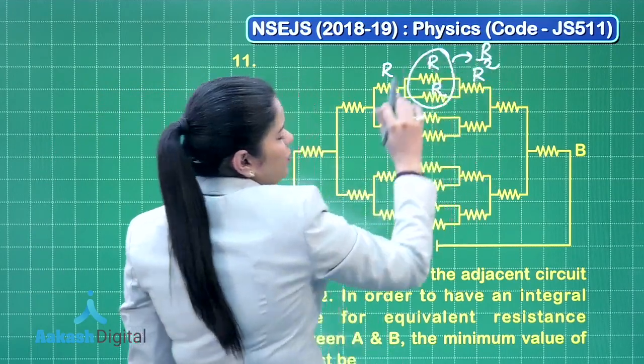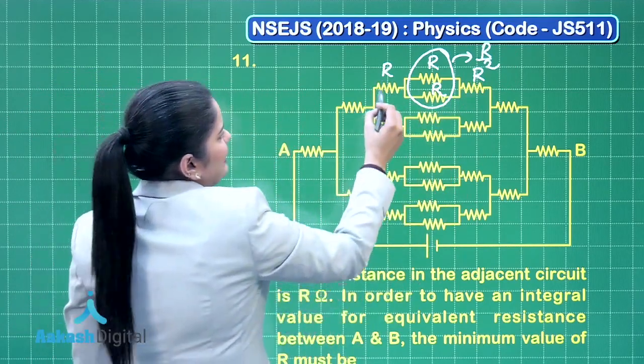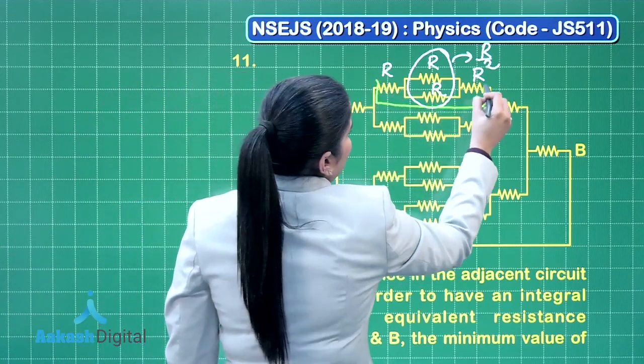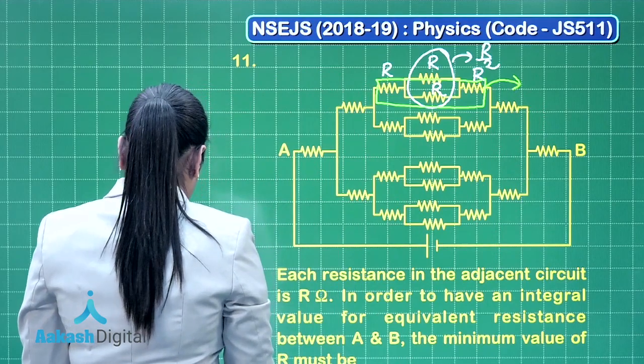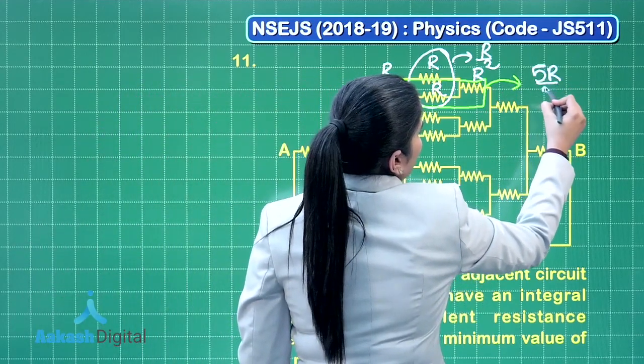Now, this R by 2 is in series with this R and this R, and hence the equivalent resistance for this part of the circuit is going to be 5R by 2.